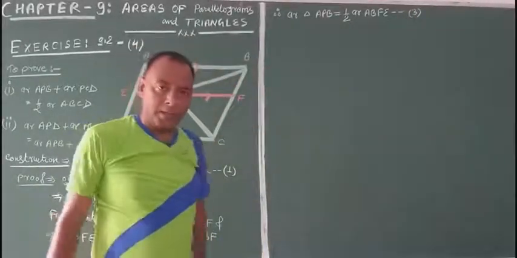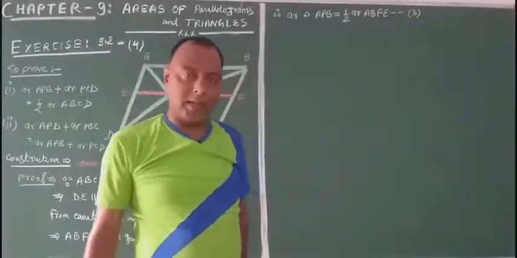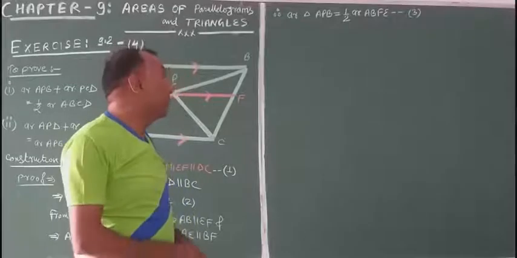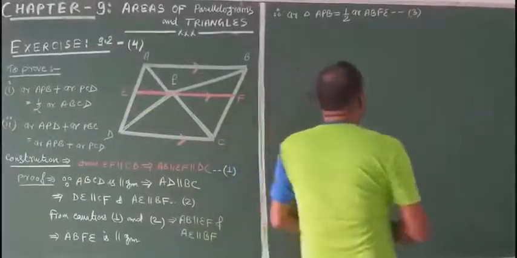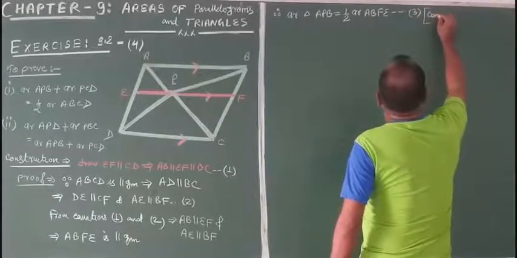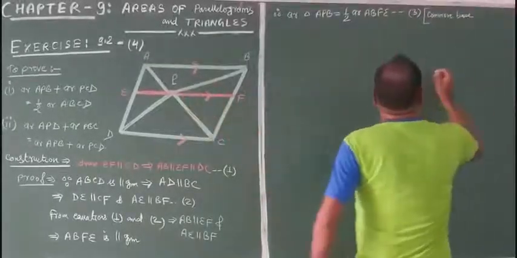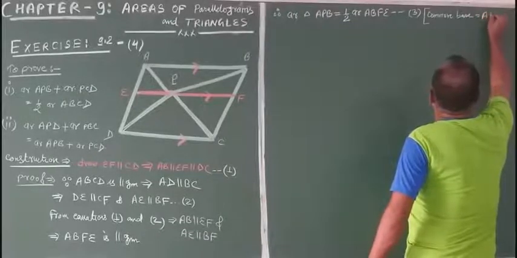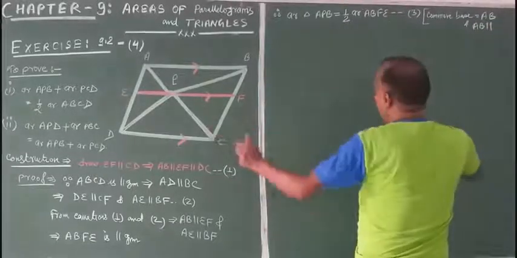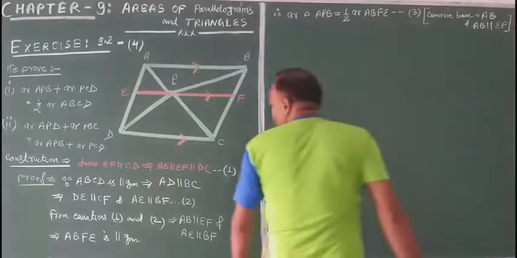If a parallelogram and a triangle are on the same base and lie between the same parallels, then the area of the triangle is half of the area of the parallelogram. The common base is AB, and the two parallels are AB parallel EF.